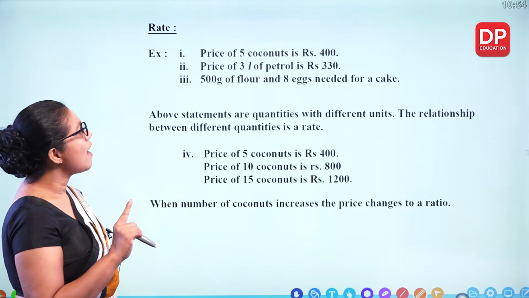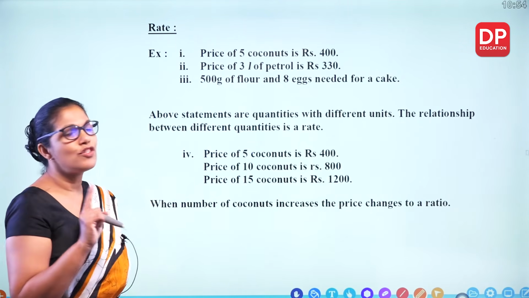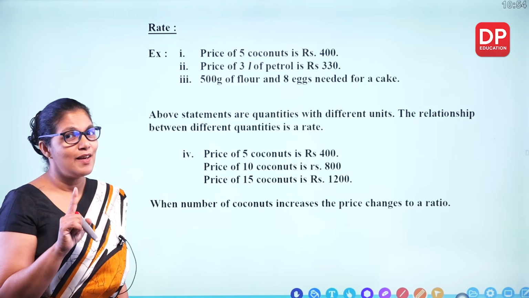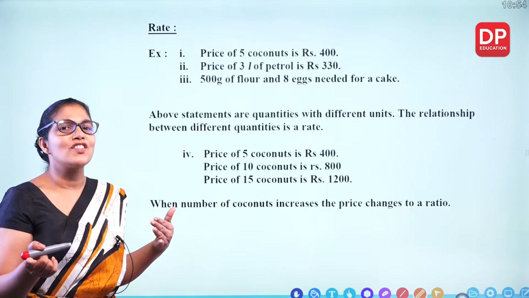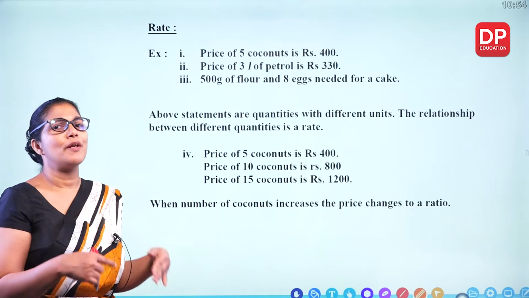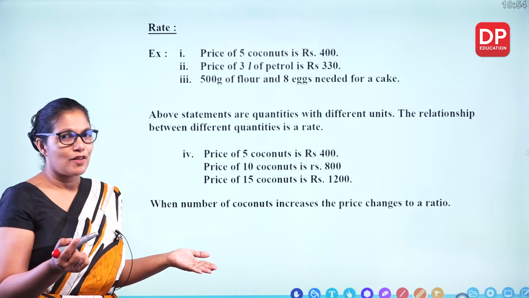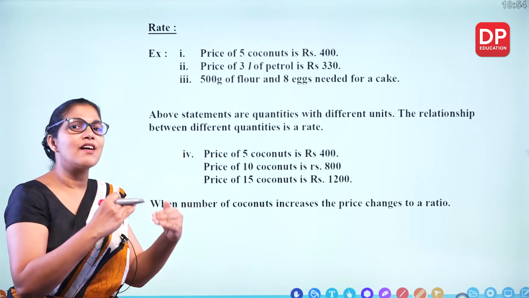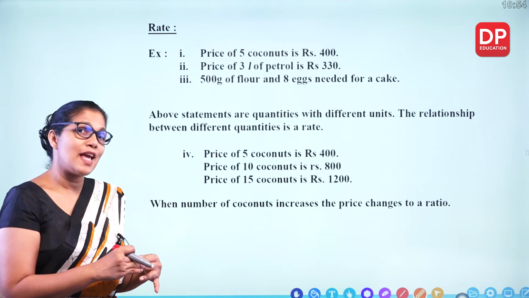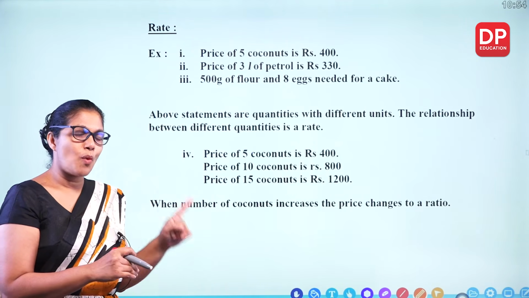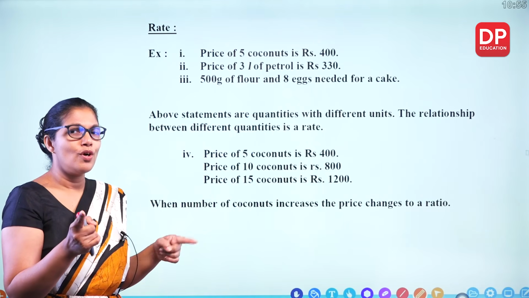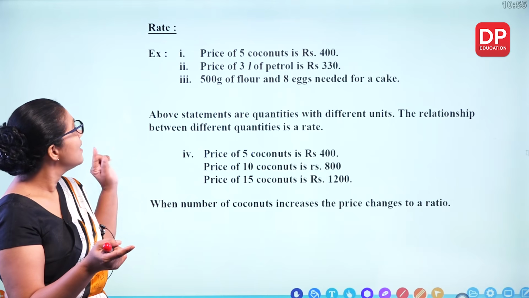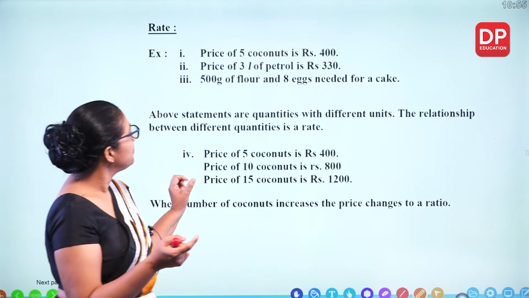Above statements are quantities with different units. So in the first slide I explained 1 apple is this much. What about 2 apples? What about 3 apples? So that's a rate, but increasing according to the ratio. Same ratio. If it's 1 to 2, 2 becomes 4. 2 to 4. So like that. So this is a rate.